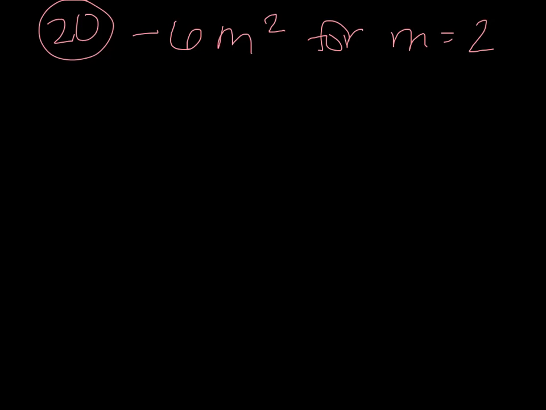Okay, so I'm going to bring down my equation, but instead of an m, I'm going to put my 2 in parentheses. So I'm going to do negative 6 parentheses. Don't forget those parentheses, you guys. Please don't forget those parentheses. Parenthesis 2, and then I put my squared on the outside of that second parentheses. Okay, now I have to do exponents. 2 times 2 is 4, times negative 6.